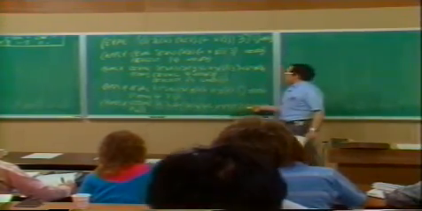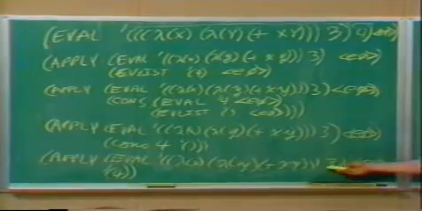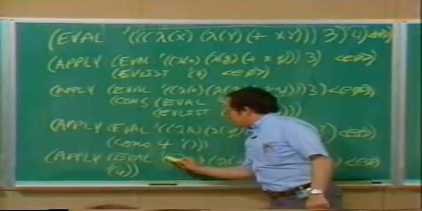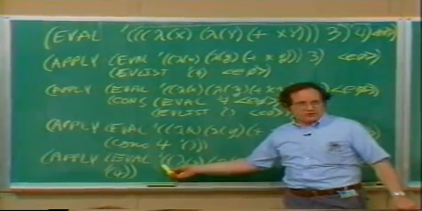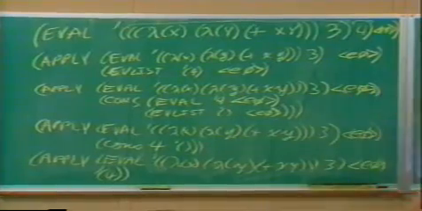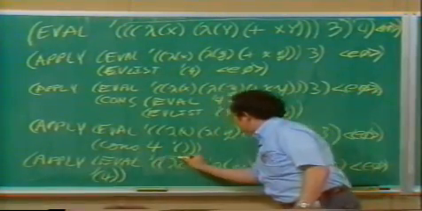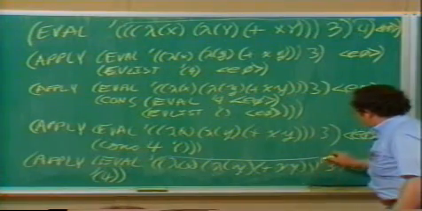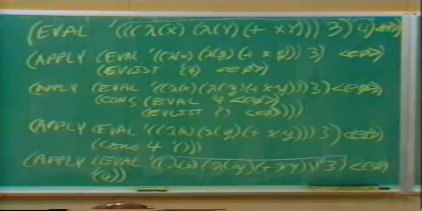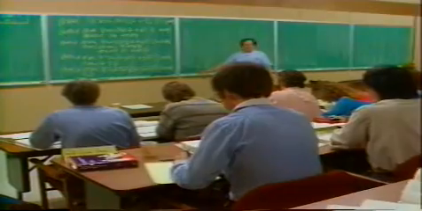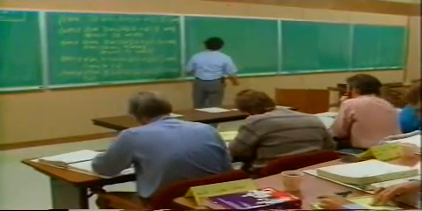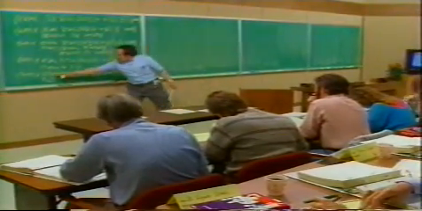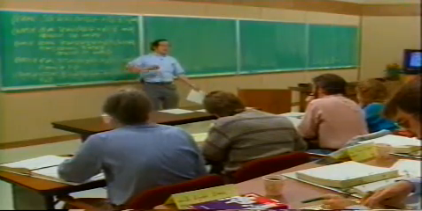Well, now let's look at the next more interesting thing. What do I do to evaluate that? Evaluating this means I have to evaluate, it's nothing but an application. It's not one of the special things. It's the application of this operator, which we see here. Here's the operator applied to these operands. It's that combination. Well, we know how to do that, okay, because that's the last case of the conditional. So substituting in for this evaluation, it's apply of eval of the operator in the evlist of the operands.